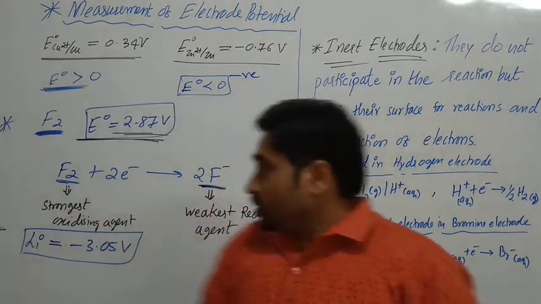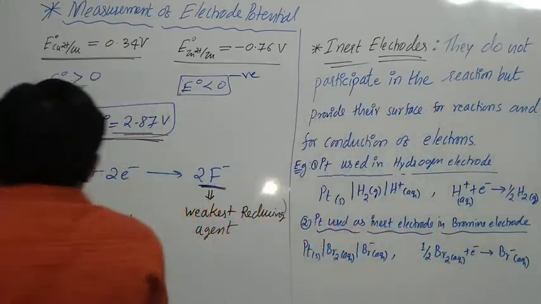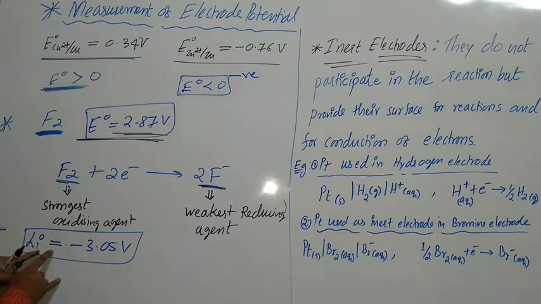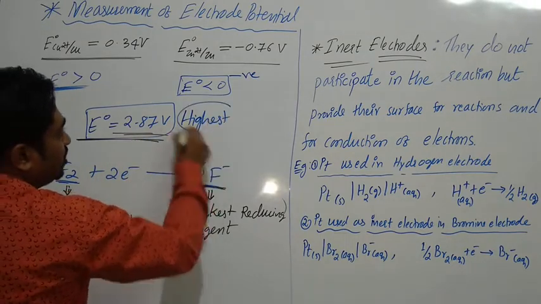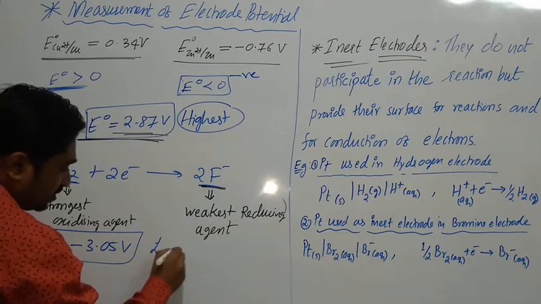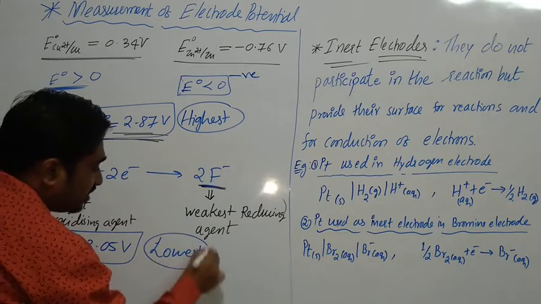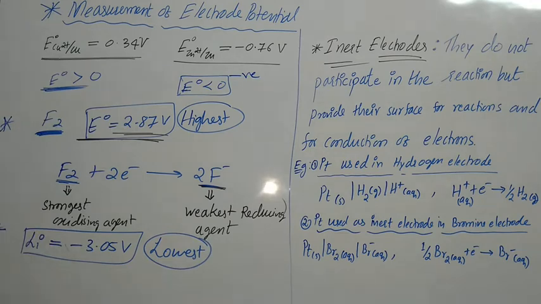So what does this indicate? Fluorine is highest, and lithium is lowest. The standard electrode potential of lithium is lowest.